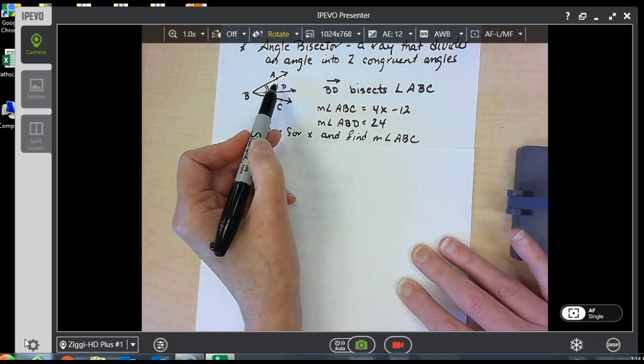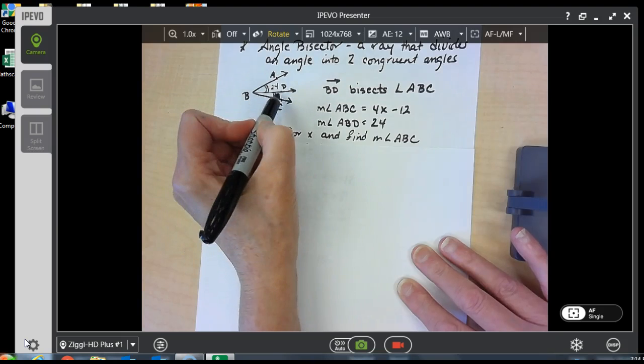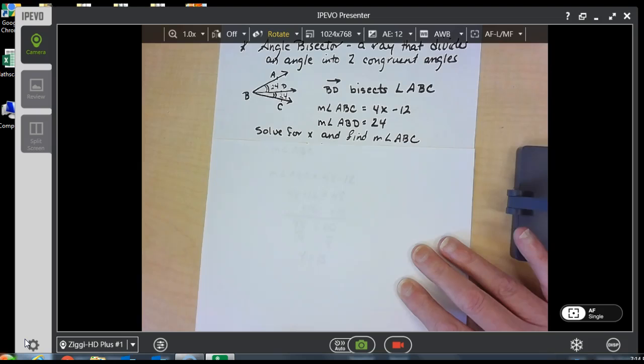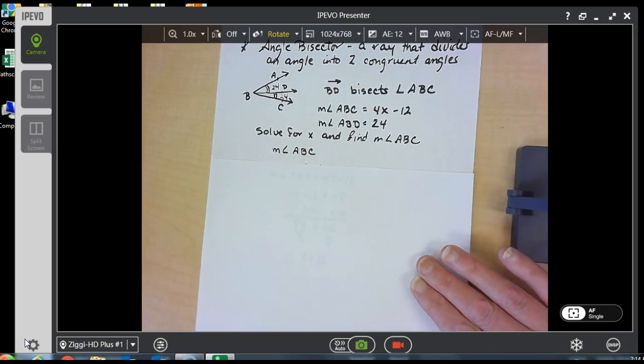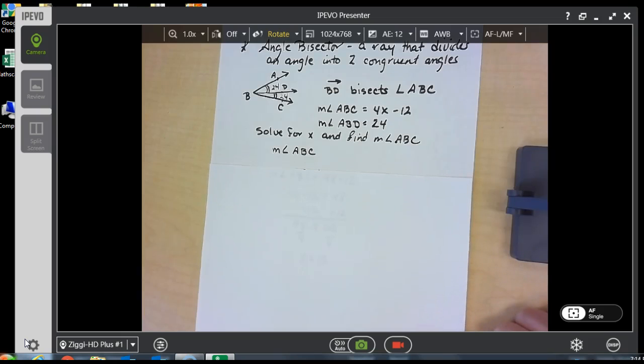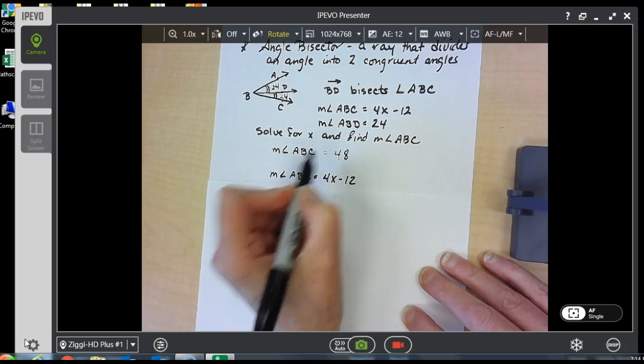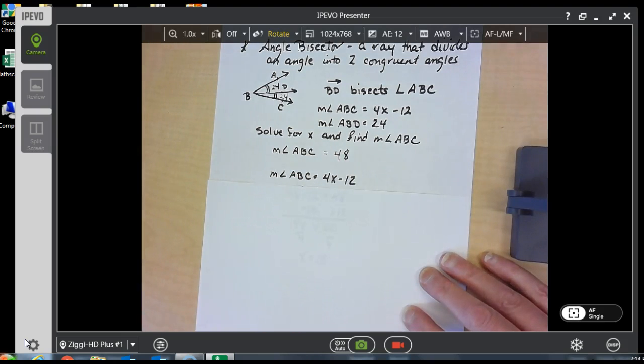Hopefully you know angle BDC is 24. So you already know the measure of angle ABC: 24 plus 24 is 48.